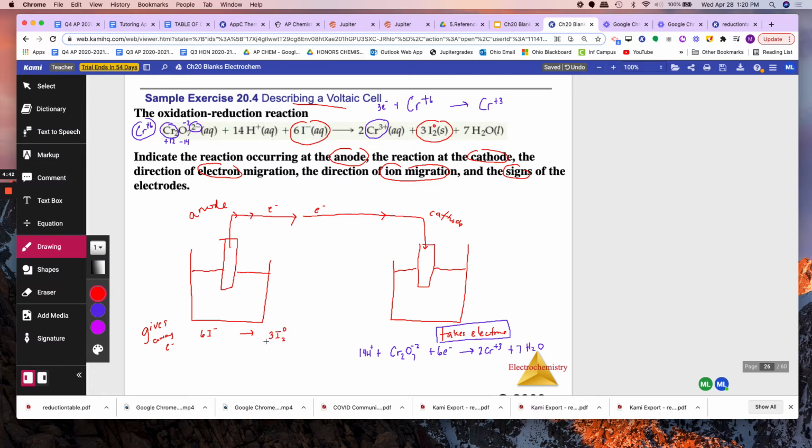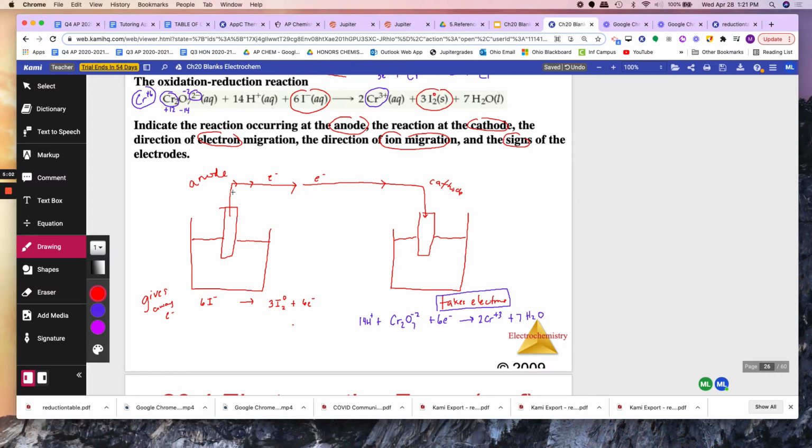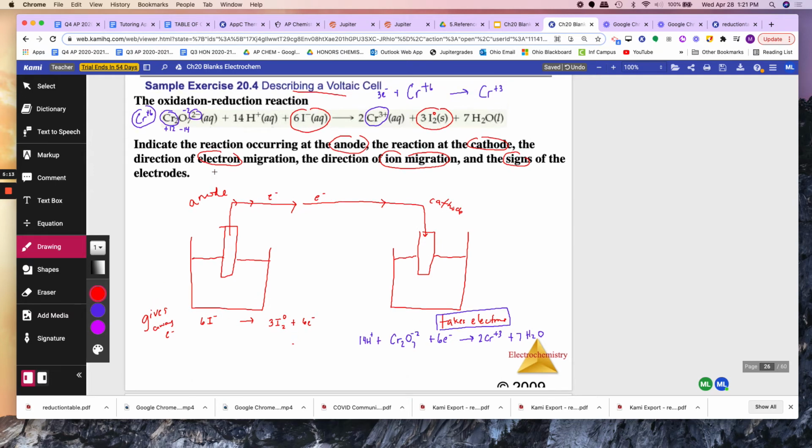So I- must have given away some electrons, 6 of them. So I- must be in here somewhere. This is the reaction happening at the anode. So the I- gives away 6 electrons, and the Cr2O7 takes in the 6 electrons. Okay, so we figured that out.